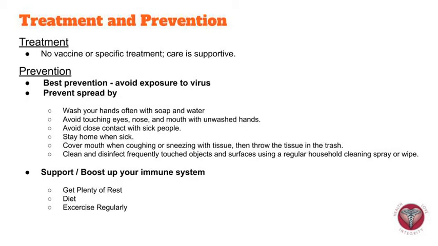What is the best support? The best support is to boost up our own immune system, which is our natural barrier and protection not only from COVID-19, but also from any type of infection. Good tips for this would be getting plenty of rest, at least 8 hours of sleep every night.